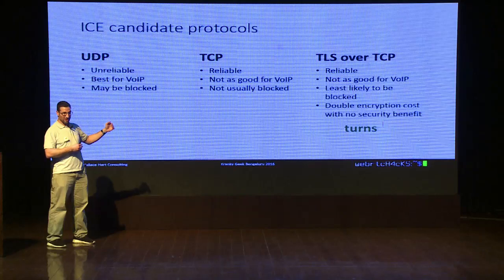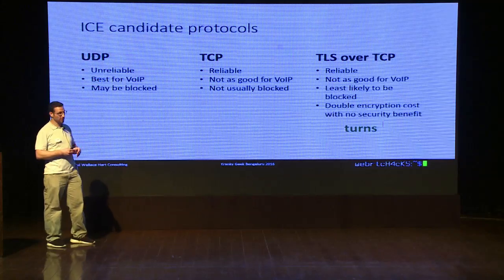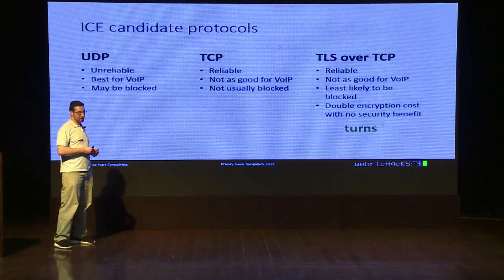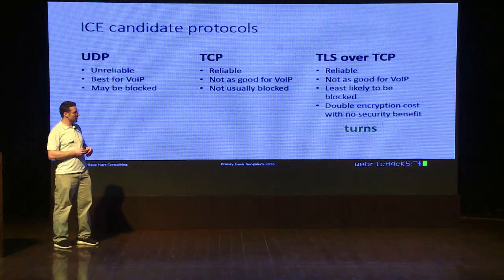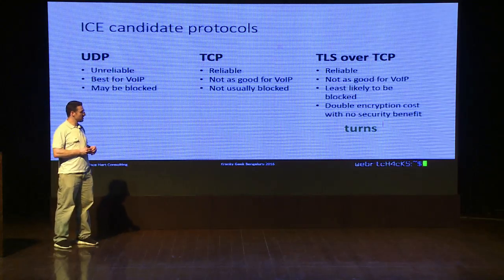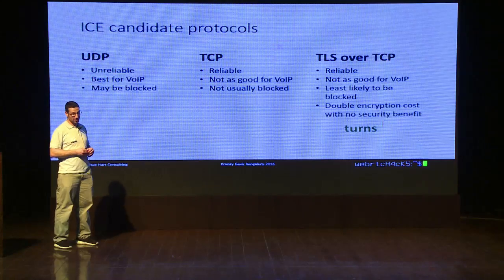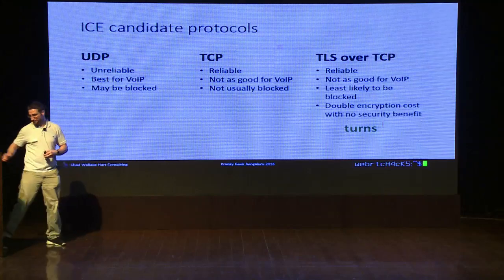You're encrypting it again to send it over a tunnel, and there's no additional security benefit in encrypting twice. It takes some additional time to set up that channel in the first place. And by encrypting it twice, and running over TCP especially, there is some risk of quality going down.